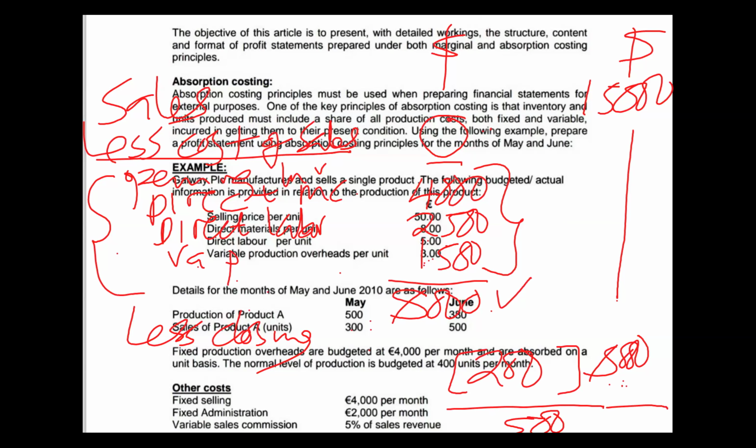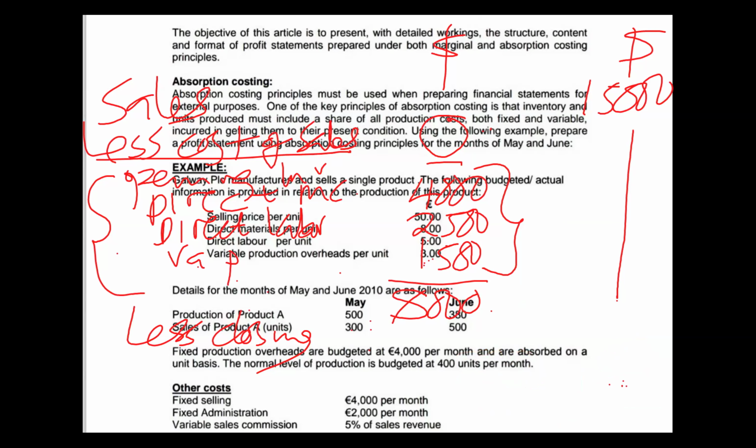What do you find? 3,200, yeah? Everyone finding 3,200, isn't it?